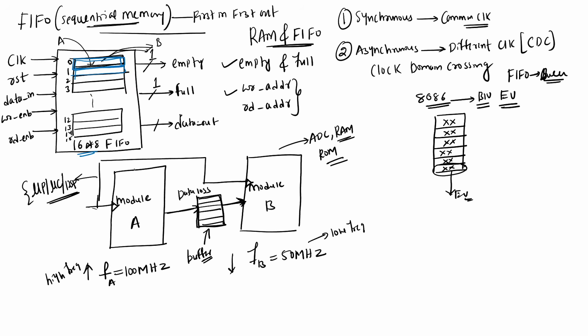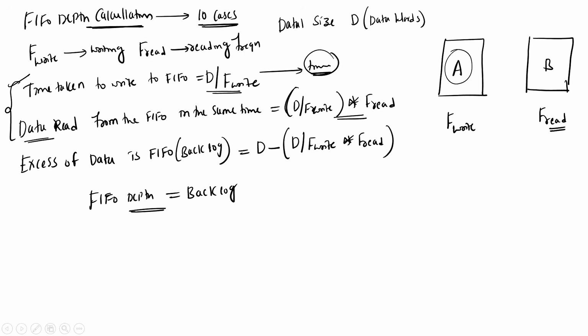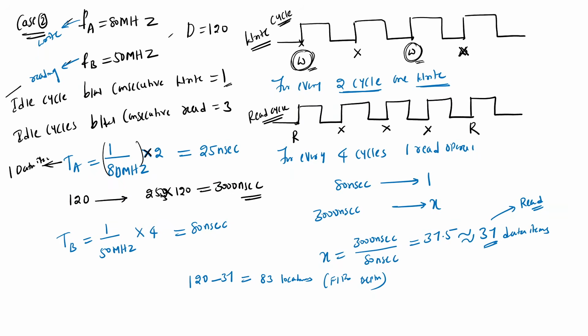Each depth is 16 locations. Width is how much? 8 bits, 8 bits of data. Is it fine? Case 2 is fine.